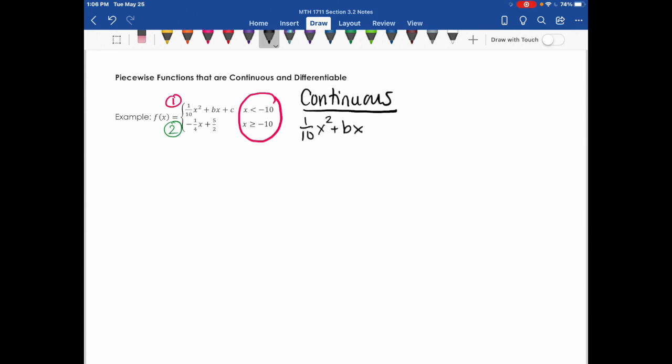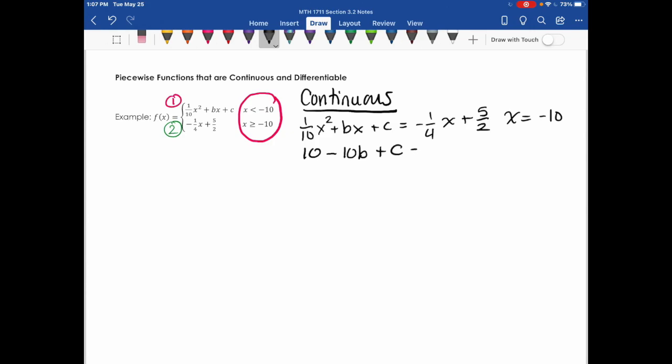So we want to set up an equation. We're going to have 1/10 x squared plus bx plus c equal to the second piece, negative 1/4 x plus 5/2, at the point x equals negative 10. So the first thing I'm going to do is plug in x as negative 10.